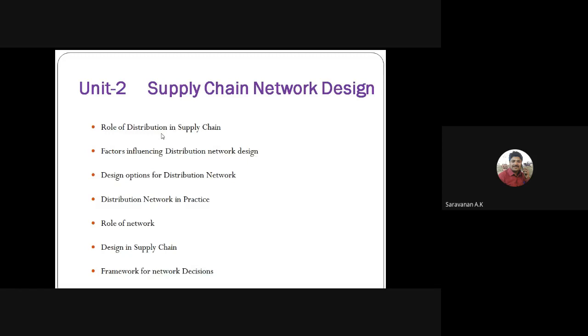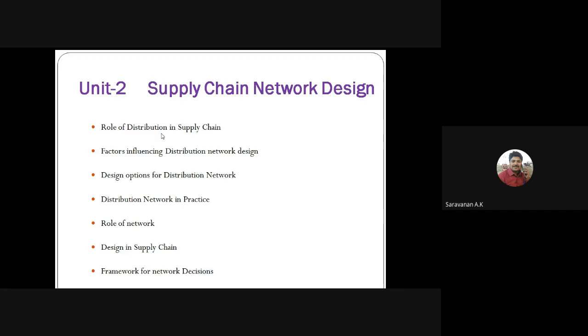What are the values provided to the customers and what are the costs they meet for the supply chain, right? Depending upon these two, we have seen the factors affecting the distribution network.